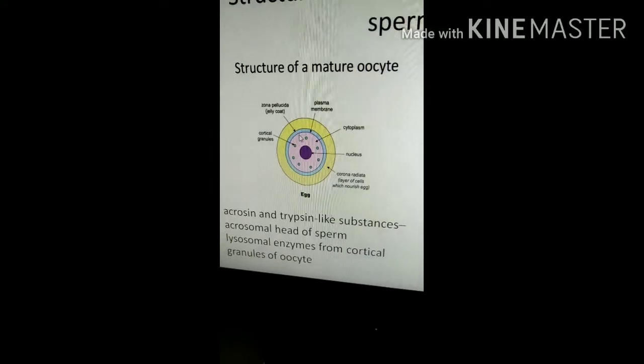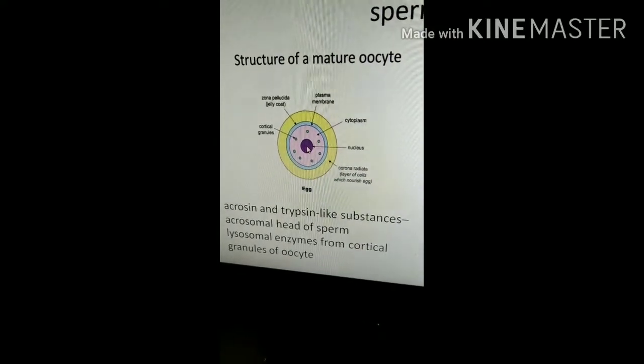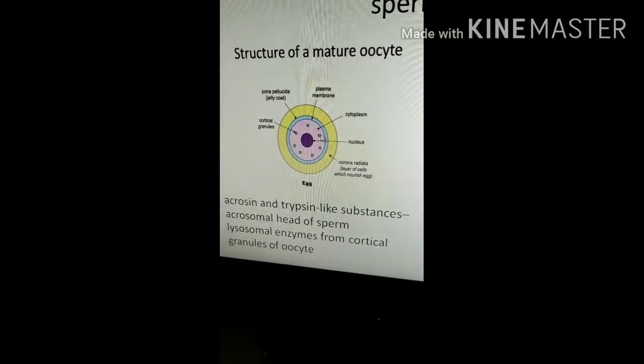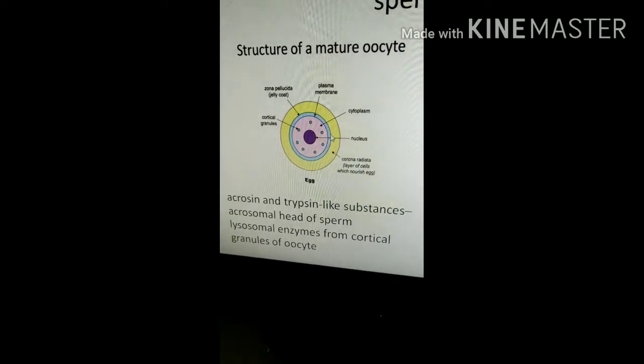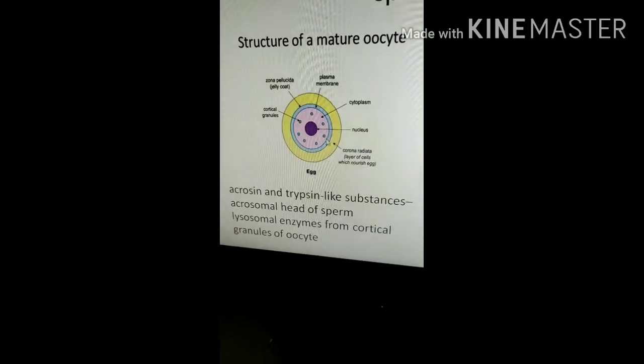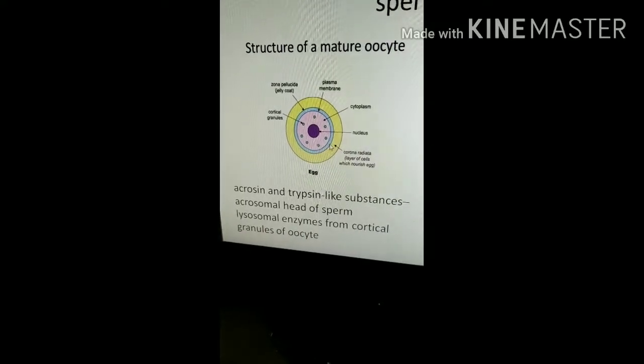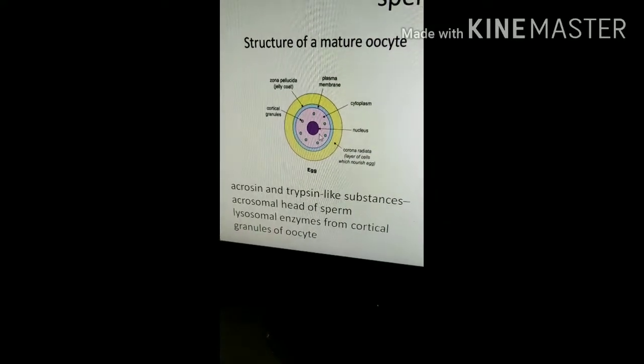This pink color is the nucleus of the oocyte, and close to the plasma membrane are the cortical granules. These granules contain lysosomal enzymes. These enzymes help the sperm enter the cytoplasm of the oocyte.